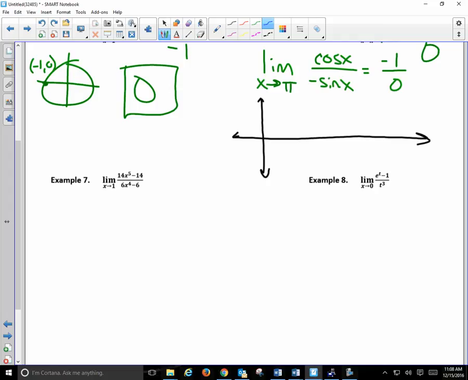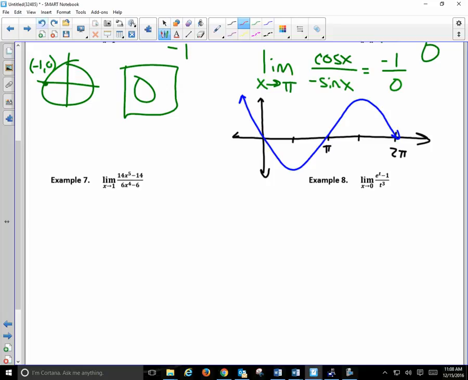In blue, I'm going to graph negative sine. Period of 2 pi. Pi is right here. Something like that.